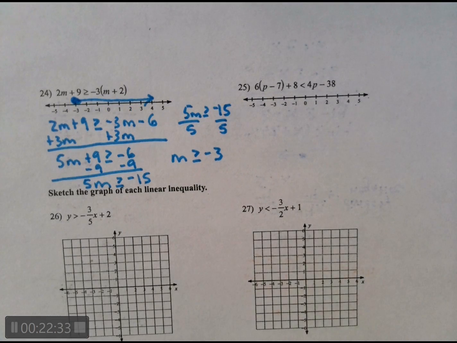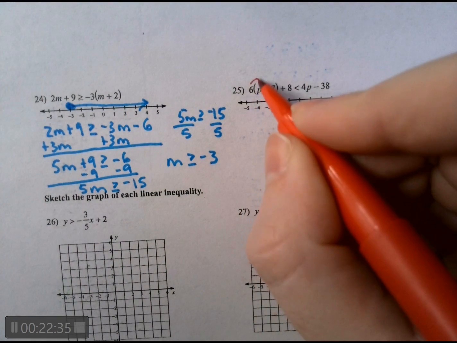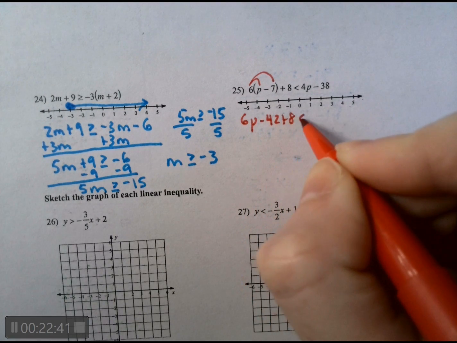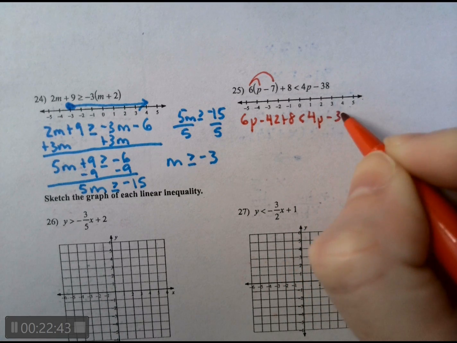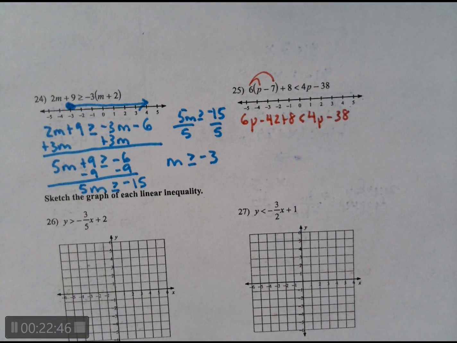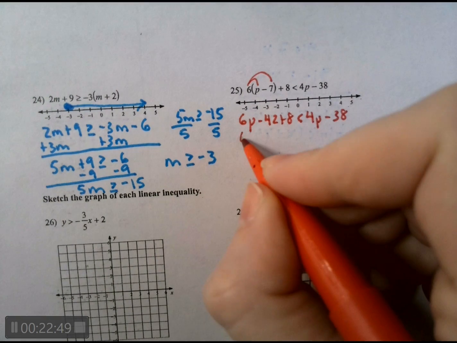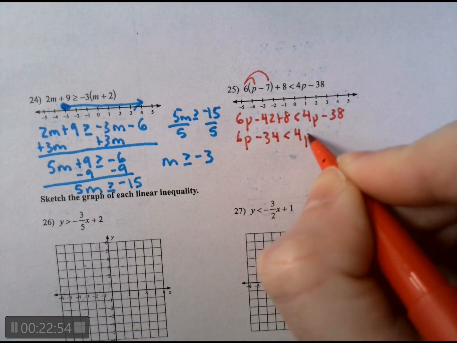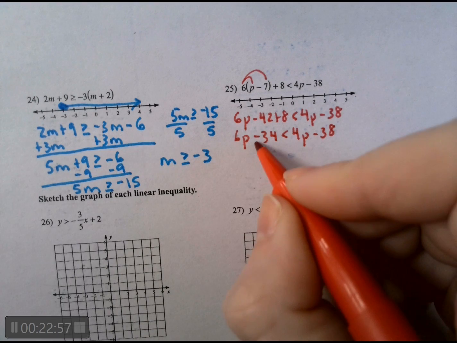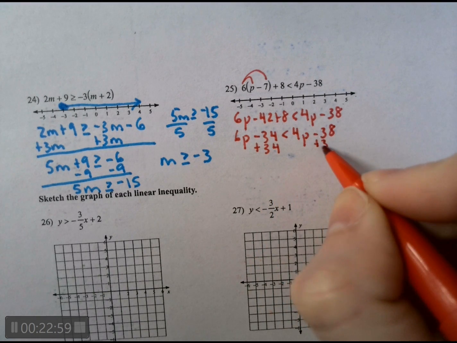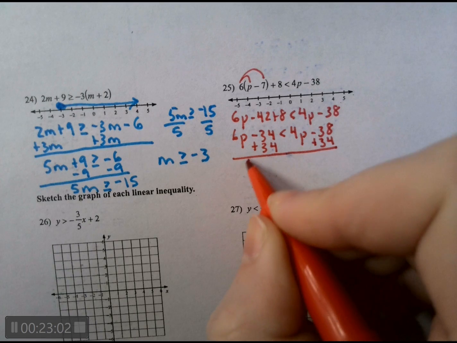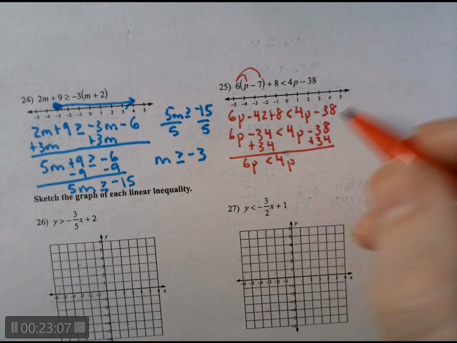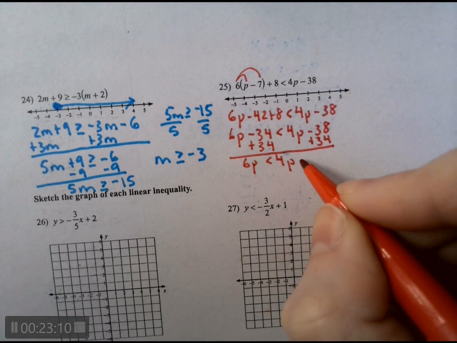25. Distribute your 6. So 6p minus 42 plus 8 is less than 4p minus 38. Combine your like terms, so -42 plus 8. We're going to get -34. I'm going to add 34 to both sides. So I get 6p is less than 4p. Then -38 plus 34 is going to give me a -4.